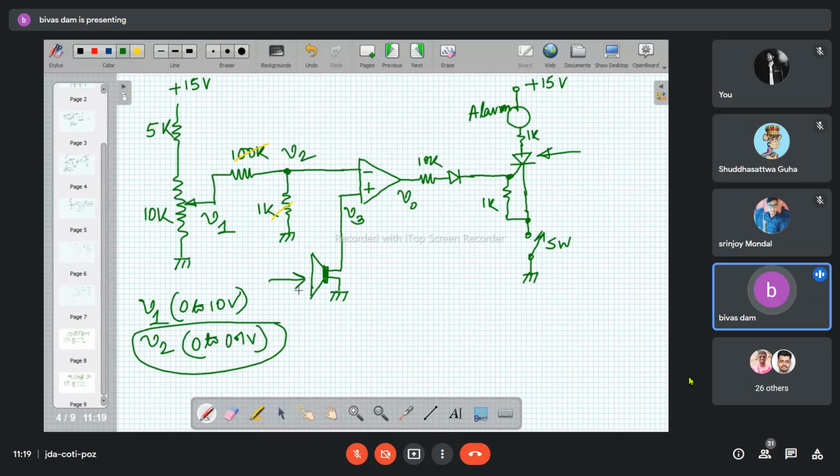That adjustment can always be done. So now initially let us place the V1 wiper position in such a manner that V2 becomes just more than V3. How will you find that?